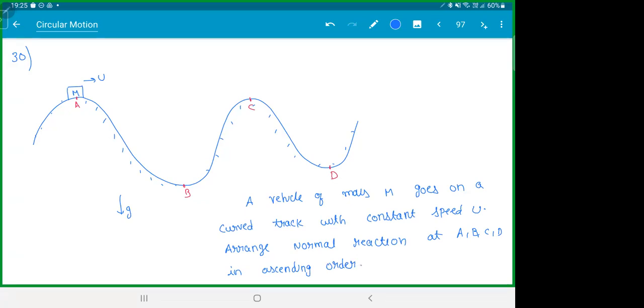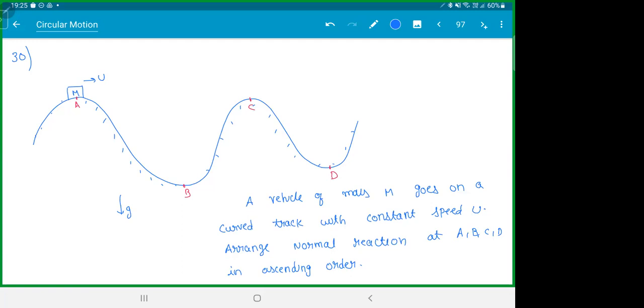Let's get this. So this vehicle is going on some random curve, gravity is there.